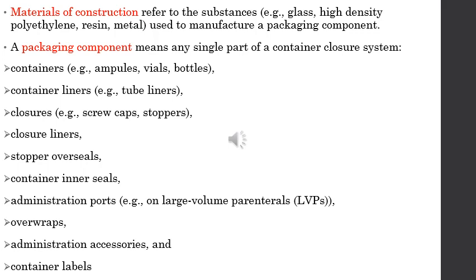So component can be a container, it can be the liner, closure, closure liners, then over seals, we can have inner seals, then administration ports, that is nothing but the one which is used for LVPs or large volume parenterals, over wraps, then administration accessories, that is nothing but the cap or the measuring cap which is provided with the syrups and all, then container labels. So these are the individual components of a packaging system.